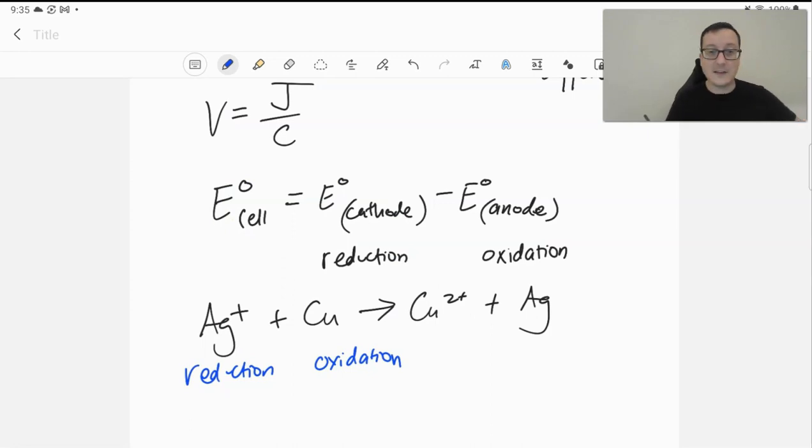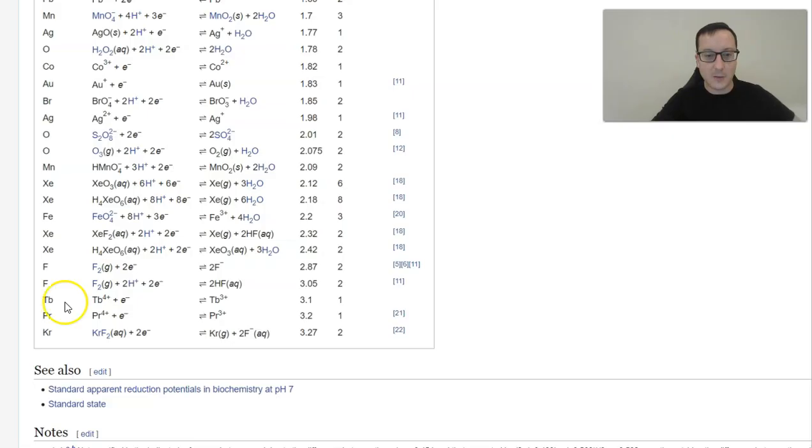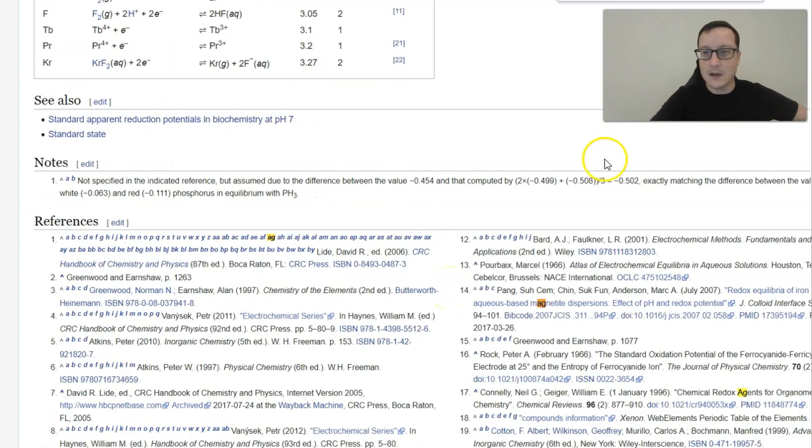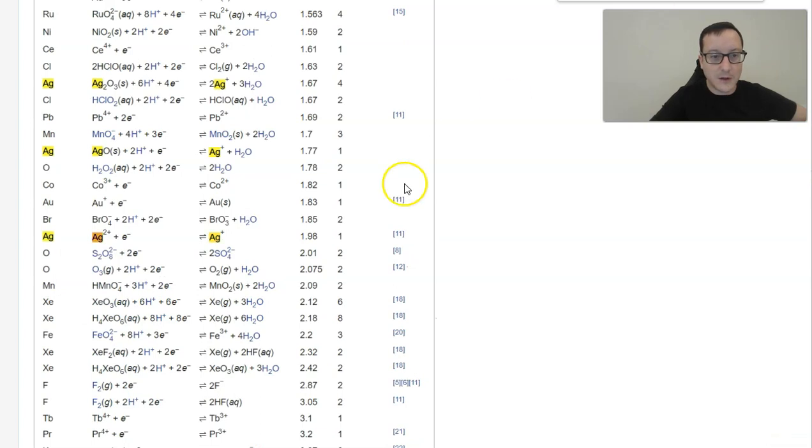When we're calculating the cell potential, we want to look at these standard potentials at the cathode and the anode. So our reduction reaction is silver ions turning into silver. If we go back to Wikipedia here, I'm going to Control F and look for silver. There are like 30 of them here.